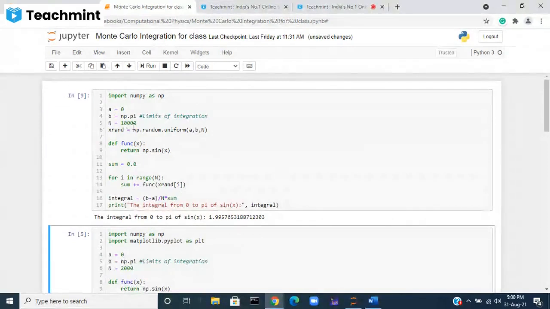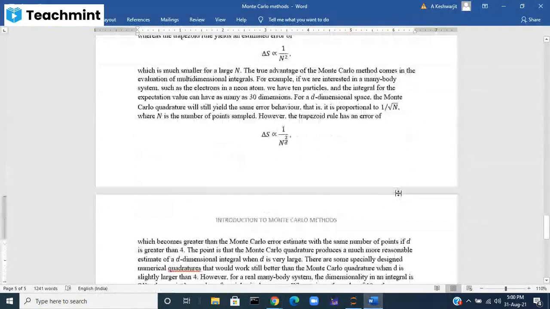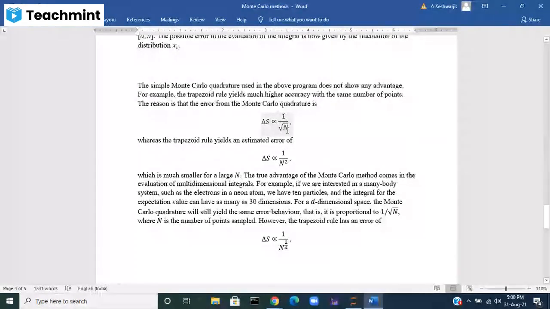When I increase it to 10,000, I get a number very close to 2, 1.99576. Theoretically, we should get more and more accurate answers, because the error is proportional to 1 by root n. So when n increases, the error should decrease.